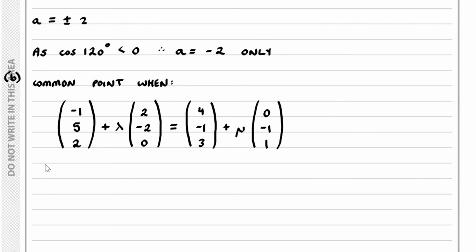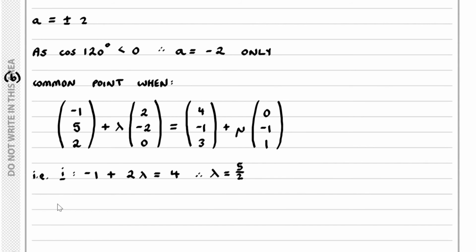Now, if I take a look at the i components, then I've got minus 1 plus 2 lambda equals 4. And from this, I can see that lambda is equal to 5 over 2.